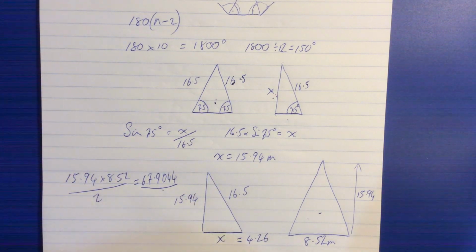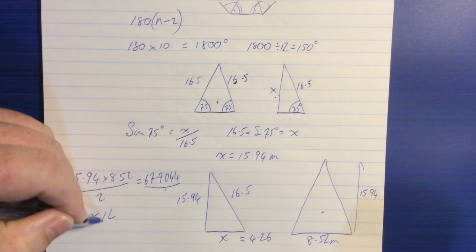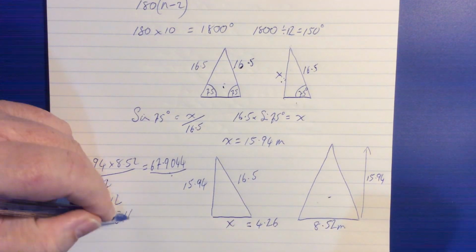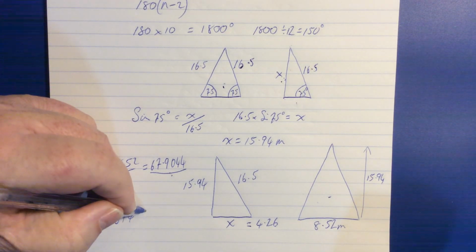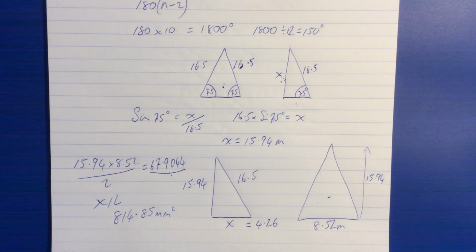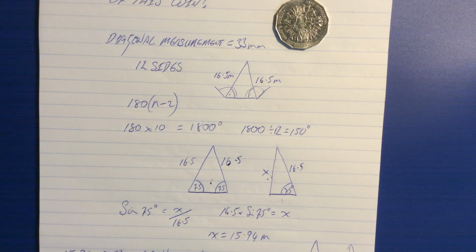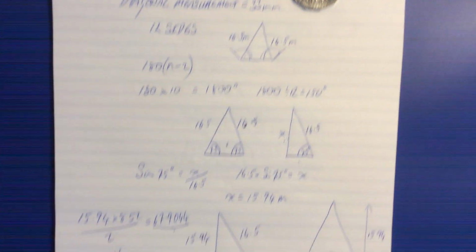We multiply that by 12, and we get 814.85 millimeters squared. That is the area of the face of that coin. And unless I can think of something else to do with it, I promise to put that coin away, although it's a really interesting looking shape.